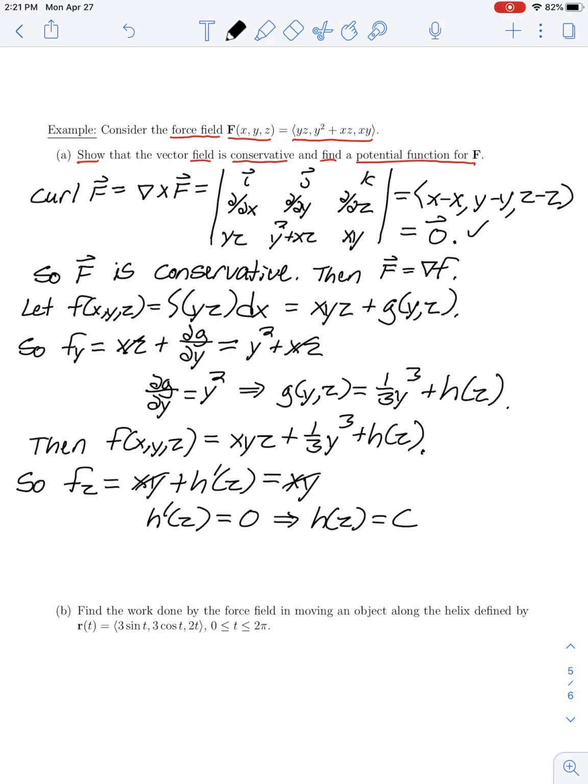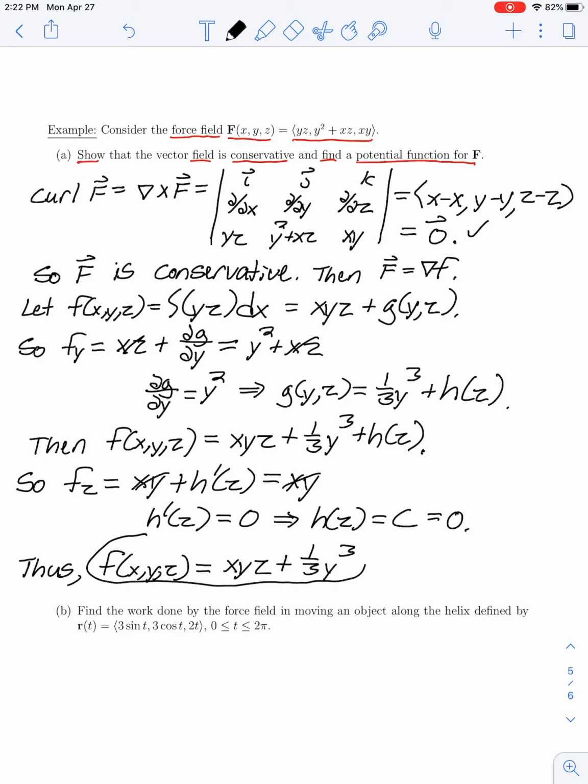So here, if there are no other restrictions given in the problem, this arbitrary constant of integration we can set equal to 0 for simplicity. And we find that the potential function f of x, y, z would be given by x times y times z plus 1/3 y cubed plus h of z, which was any constant, we chose it to be 0.